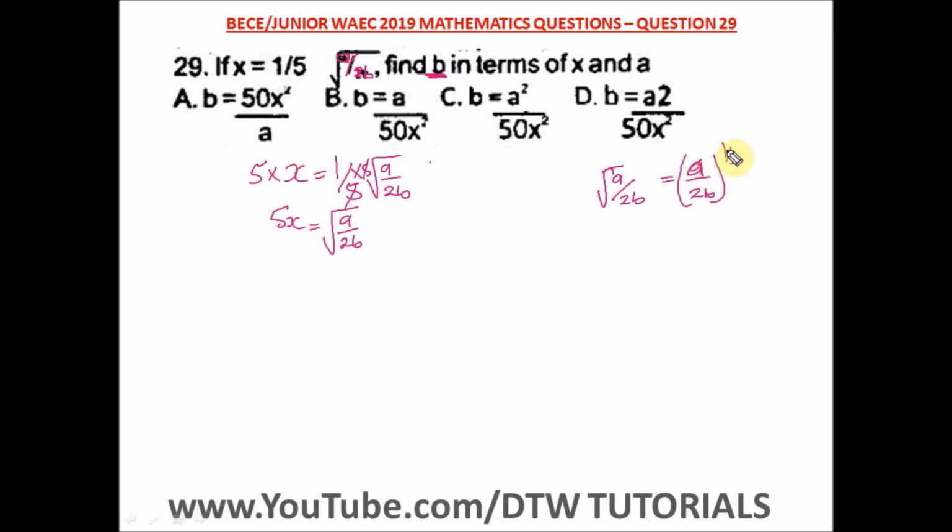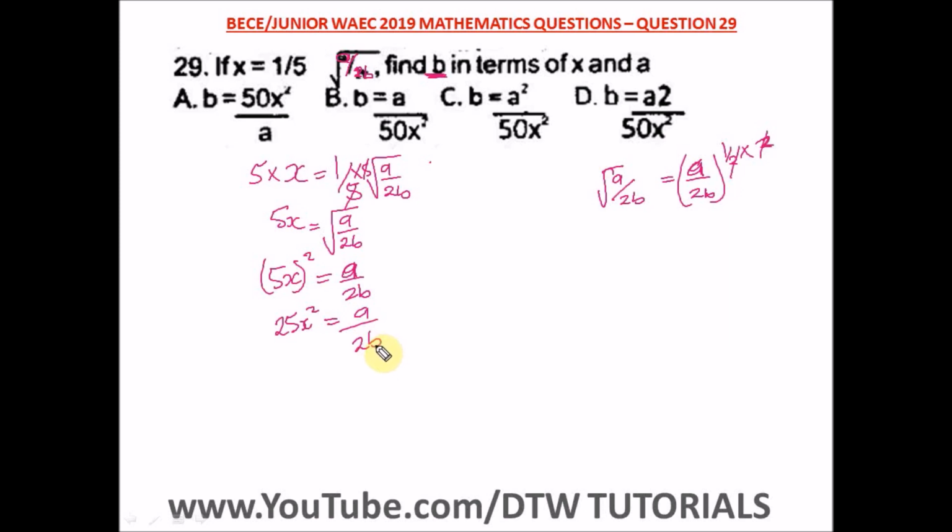To cancel out this 1 over 2, you have to raise to the power 2, and whatever you do on this side you also do on the other side. So in squaring, this 2 will cancel out this 2, so it becomes a over 2b, and this will be 5x raised to power 2, which gives us 25x squared equal to a over 2b.